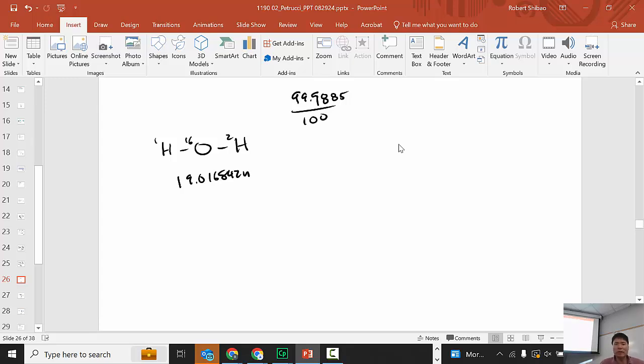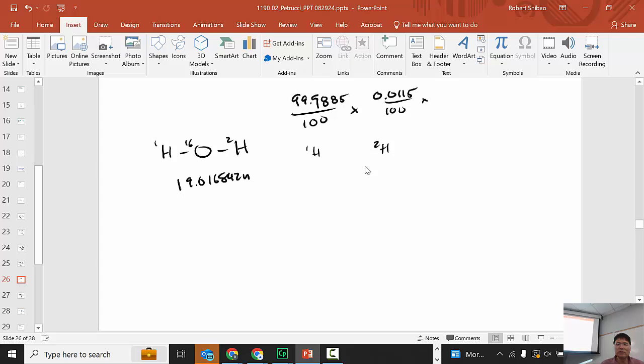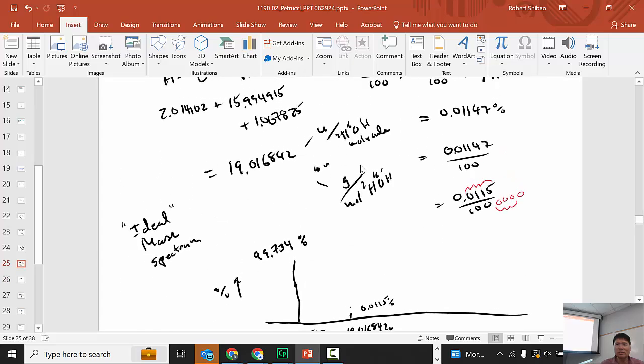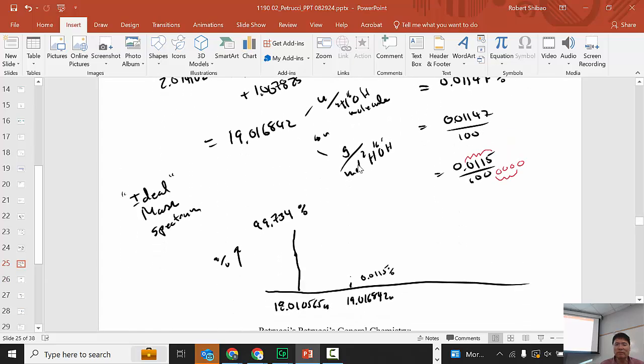Then the second hydrogen, we'll just do the hydrogens first, is an H2. There's a 0.0115 out of 100 chance for that, times the oxygen 16, which is 99.757%.